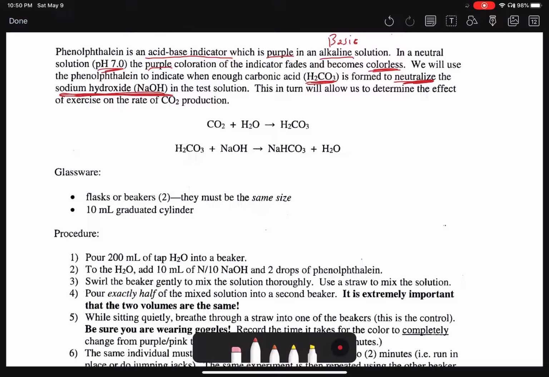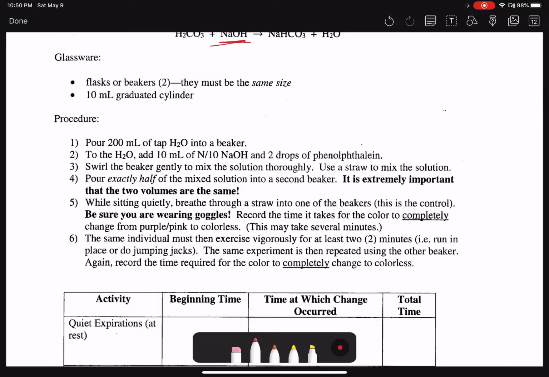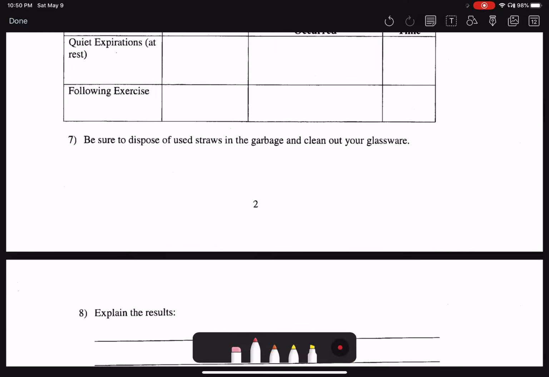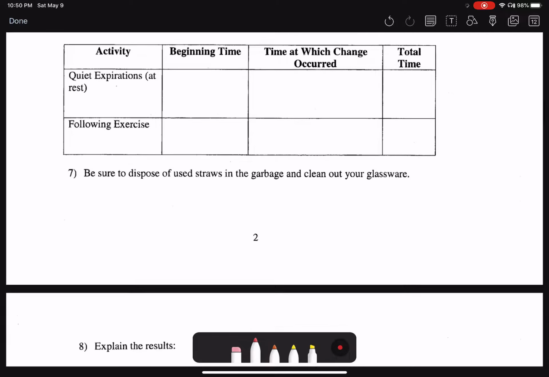So what does that mean? Don't worry if you're confused. I'm going to go through it step by step. So this is what we're starting off with. We're starting off with an aqueous solution, that means a water-based solution of sodium hydroxide. And that's what these directions indicate to you right here. So I'm going to draw out these directions for you down here at the bottom.